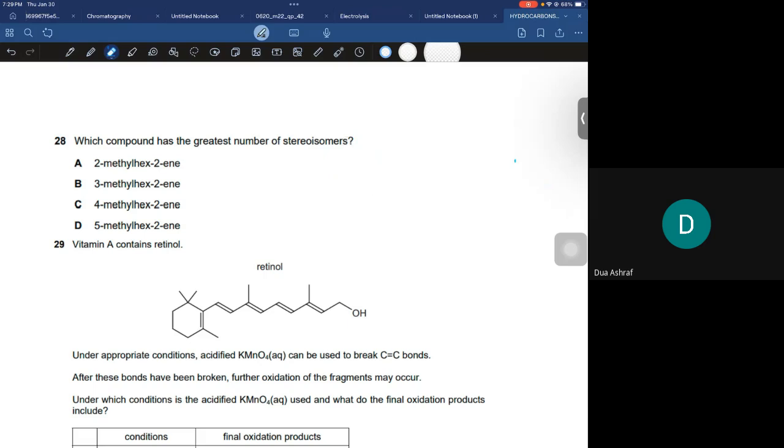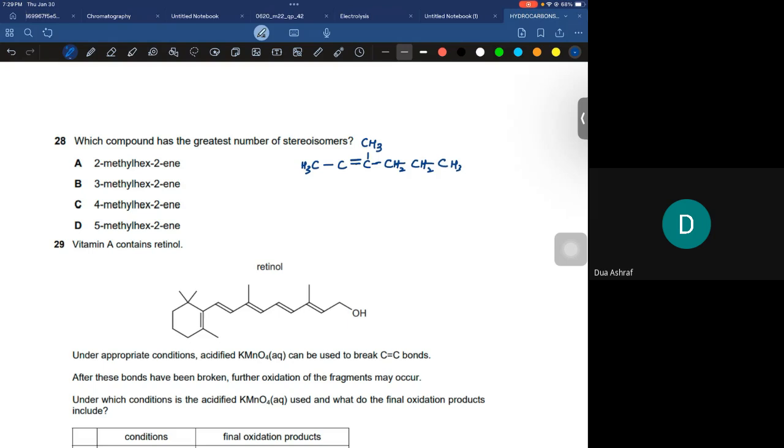I'm going to draw the structure for 3-methyl hex-2-ene. So hex is again the same thing. This is hexene, but the double bond is at the same position. They are saying it's 3-methyl rather than 2-methyl, so I would write it like this. This is 3-methyl.